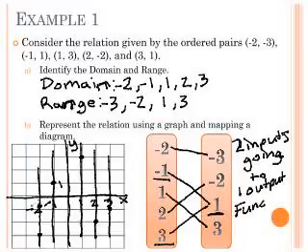So this is a function. That is a function. All right? It's because we don't have one input going to two outputs; that would make it not a function. And we don't have that case here. So now we can go ahead and move on to the next part of this lesson.